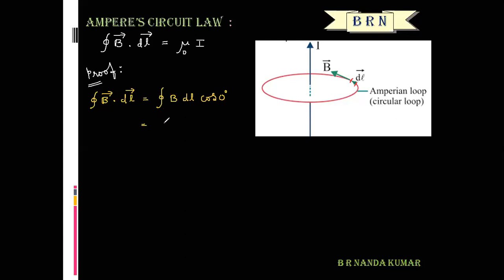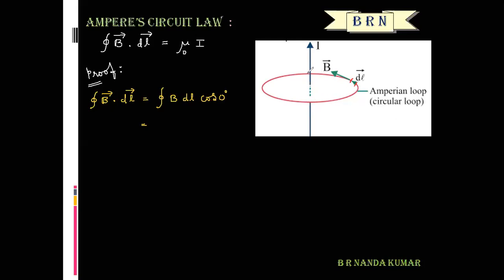B is constant. The magnitude of magnetic field at any point on the loop is constant, because the observation points on the loop are equidistant from the wire. But the direction is always tangential to the circular path.